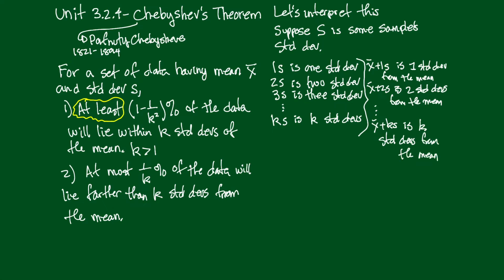What if we wrote x bar plus 3s? What does that represent? This is 3 standard deviations from the mean. So x bar is the mean, and what you're adding is this number of standard deviations. Let's be sure we got this.